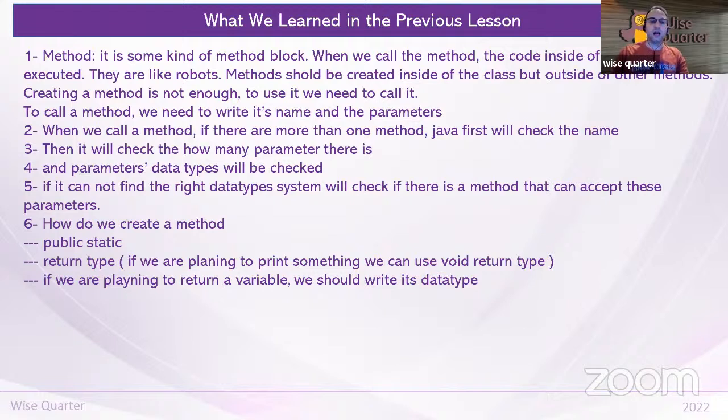If that's the case, you should write the return type integer if you are working with integers, of course. So public static integer, then the name of the method, parameters if there are, and that's all you need to write to create a method.